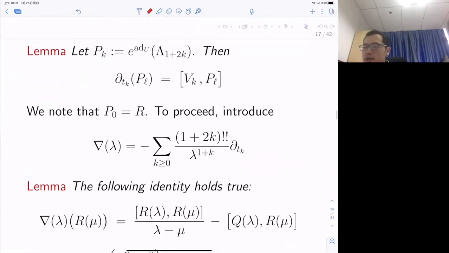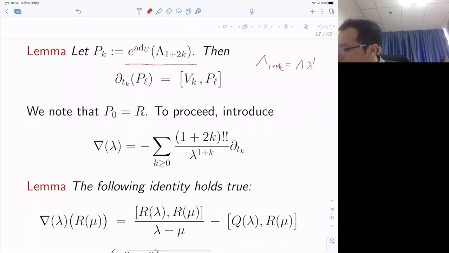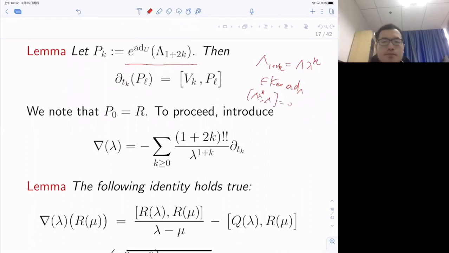Now let's introduce P_k, which is given by the exponential of ad u acting on the elements of the kernel of ad lambda. So Lambda_(1+2k) equals Lambda_k, so it belongs to the kernel, and this is more or less obvious because of course the commutator of lambda with capital Lambda_k equals 0.